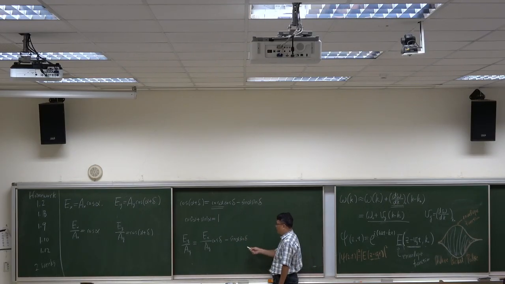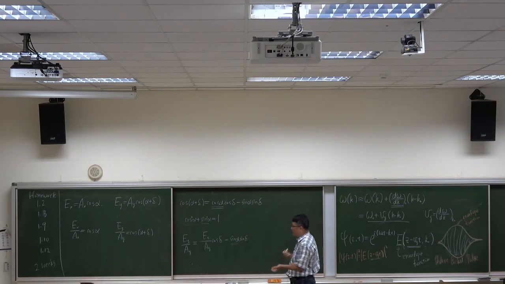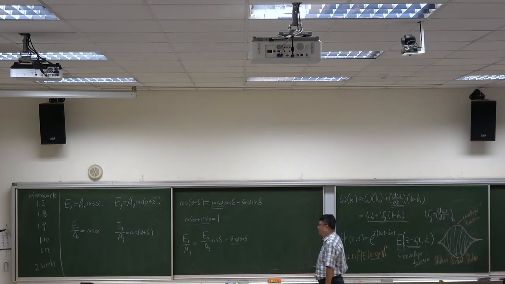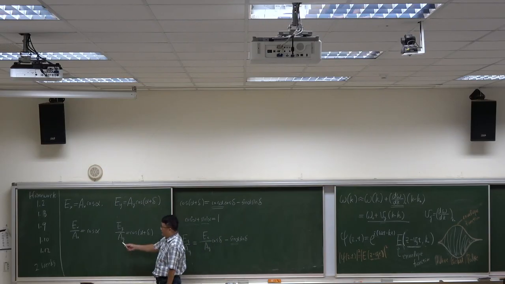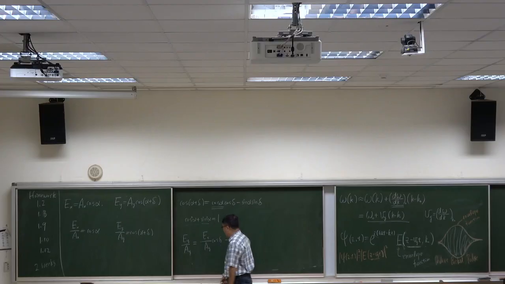Although we do not know what sine alpha is, we know that sine squared plus cosine squared is 1. So we can express the square of sine alpha in terms of the square of cosine alpha, and we know cosine alpha can be identified as dx over ax.